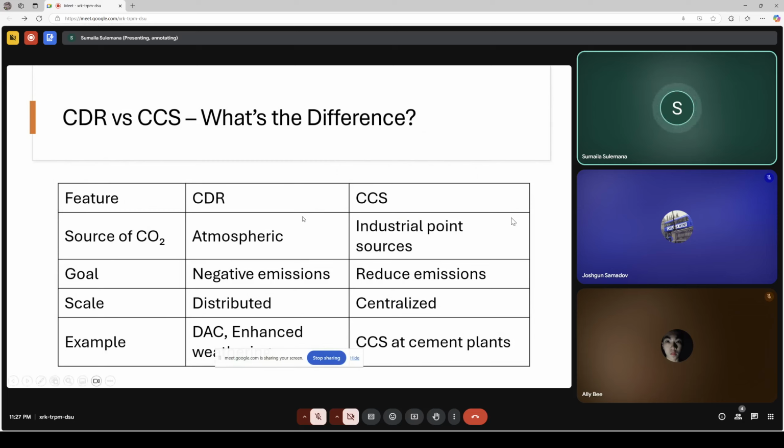So an example is direct air capture and enhanced weathering in CDR tech. Enhanced weathering is trying to use the fact that CO2 can undergo mineralization, combining with certain key minerals, like I did mention, preferably ultramafic to mafic rock contents.